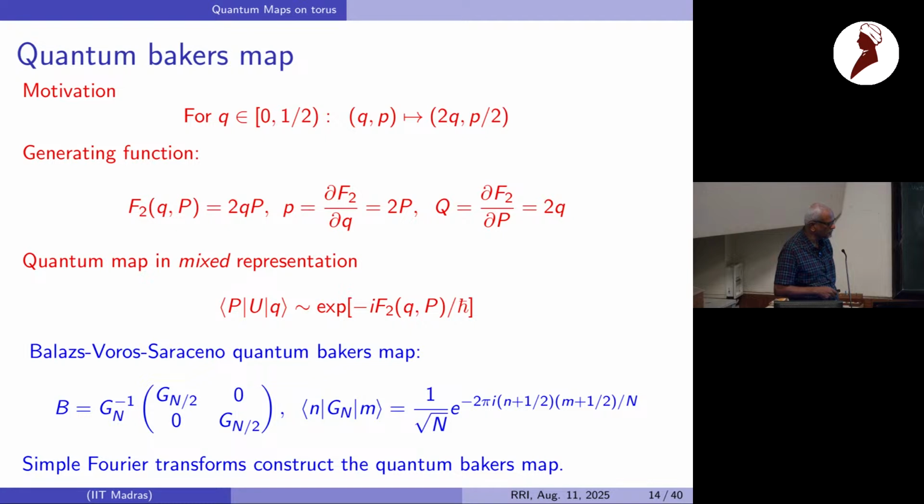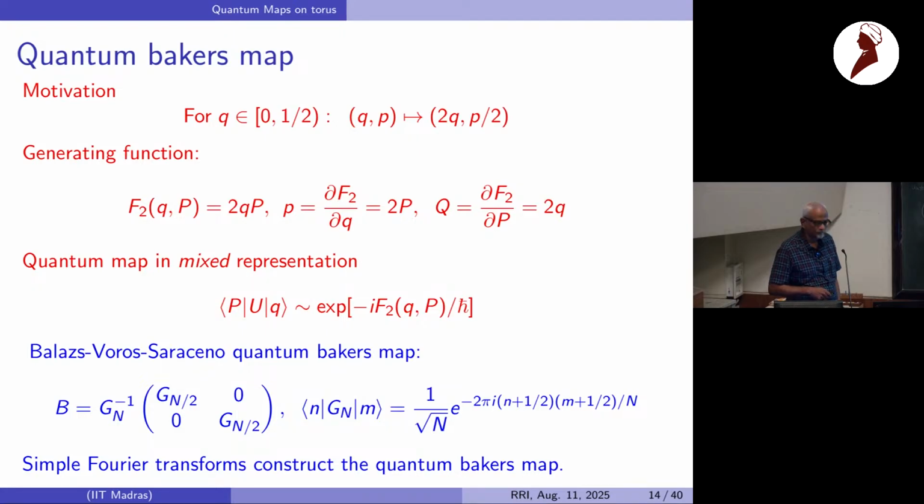It's not a pure momentum or pure position representation; it is given by this exponentiation. If your generating function was of the first kind, q, capital Q, then you would get pure position. But you can't write down a generating function for this transformation in that way, so you need to go through this.